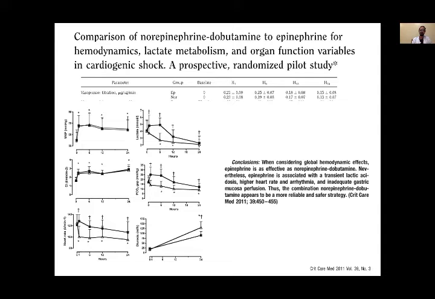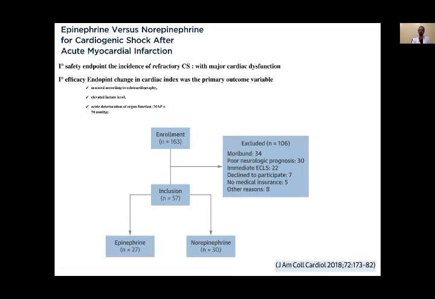You can see that the hemodynamic effect was similar between the two, with a similar increase in mean arterial pressure and cardiac index, but the epinephrine resulted in an increase in the heart rate, an increase in lactates, and an increase in the PCO2 gap, actually worsening the metabolism of these patients compared with the other treatments, with moderately high dosages, however.